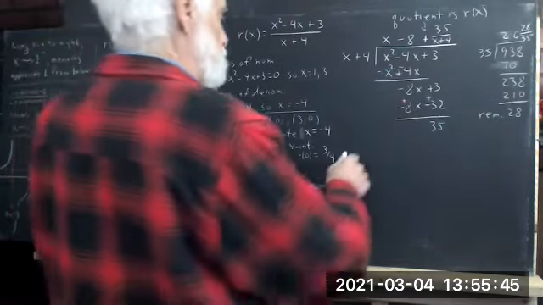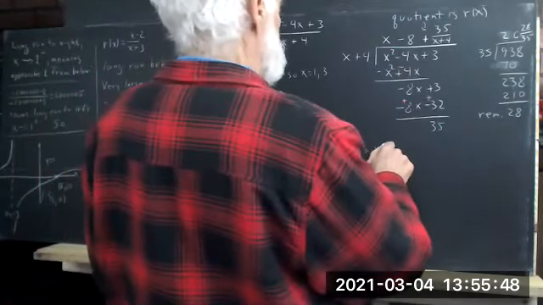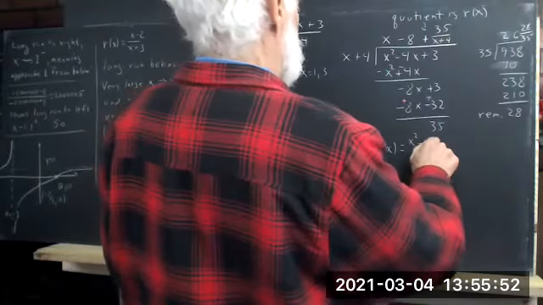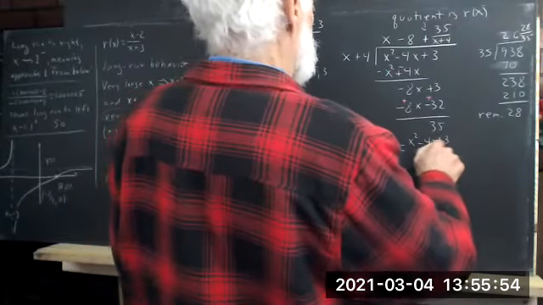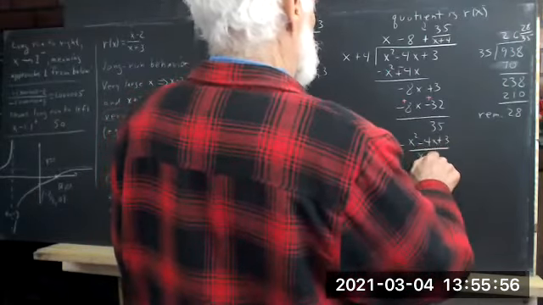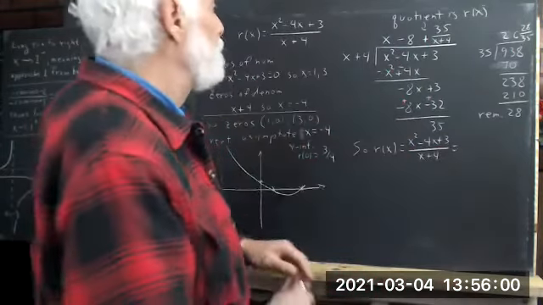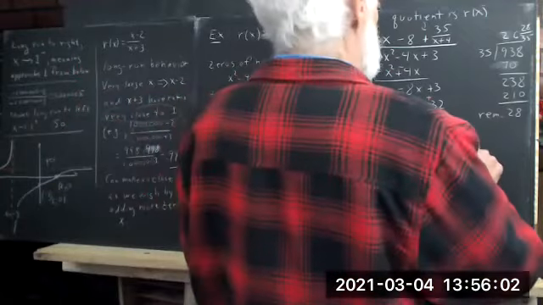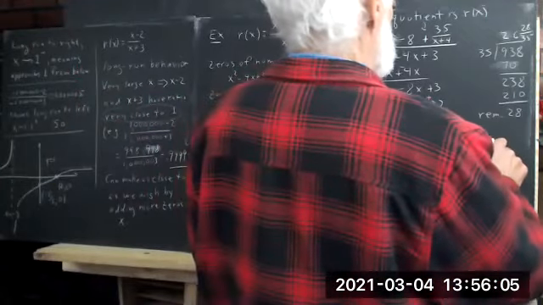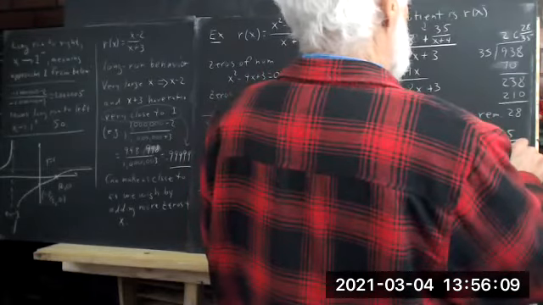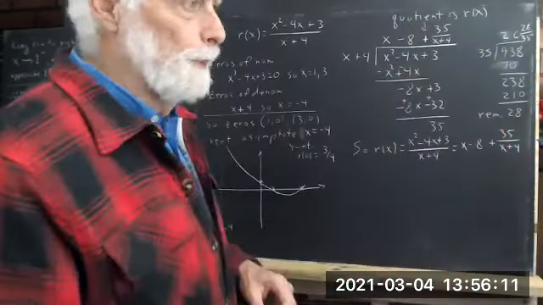So this divided by this is equal to x minus 8 plus 45 over x plus 4.